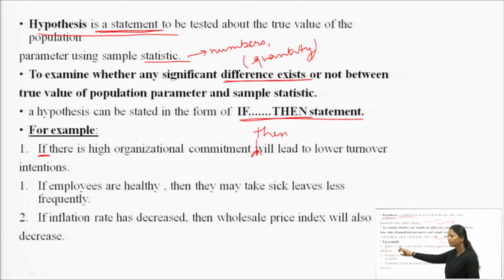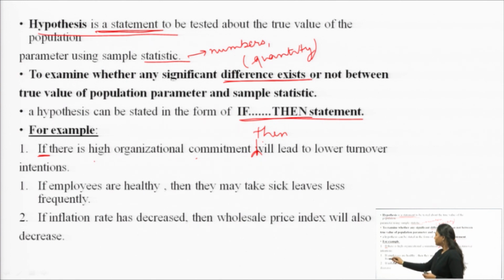For example, if there is a higher organizational commitment, if I am working in an organization and my organizational commitment towards the organization is very high, then why would I think of leaving the organization? So, the people who have higher organizational commitment, this will not lead to turnover. So, if the higher organizational commitment is there among the employees, then there will be low turnover in the organization.